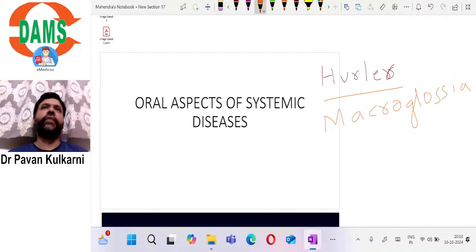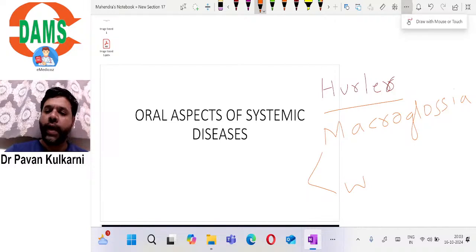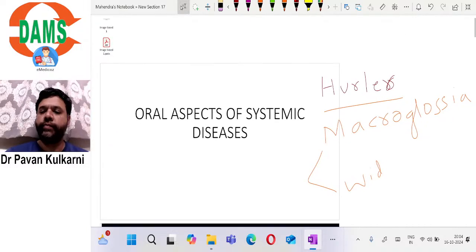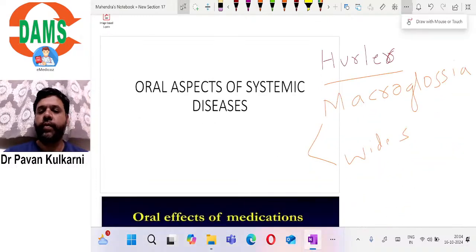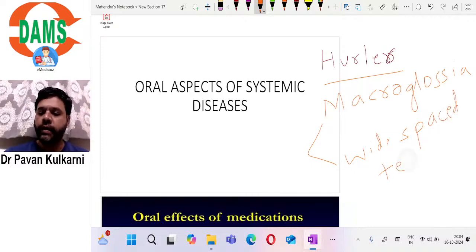Because of the macroglossia, the teeth also will be widely spaced. Wide spaced teeth are seen in case of Hurler syndrome.